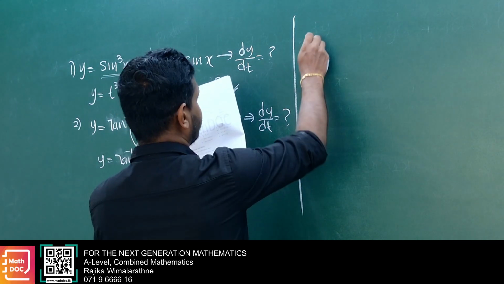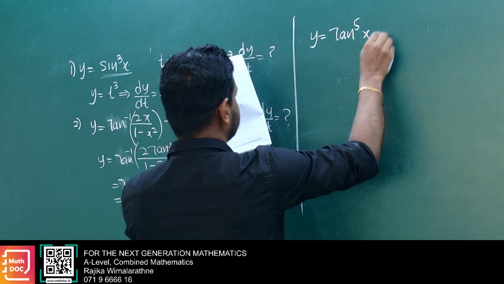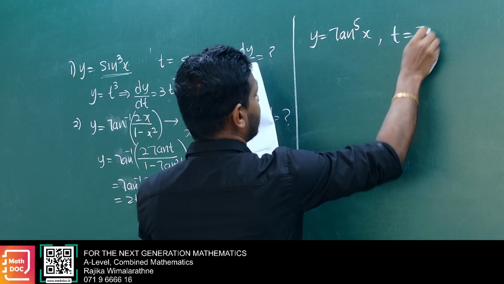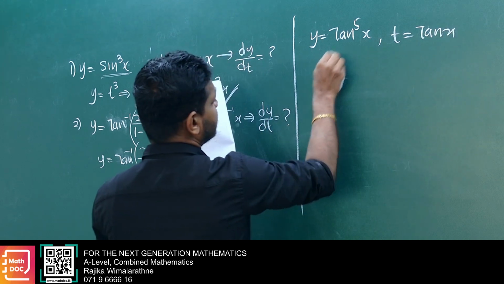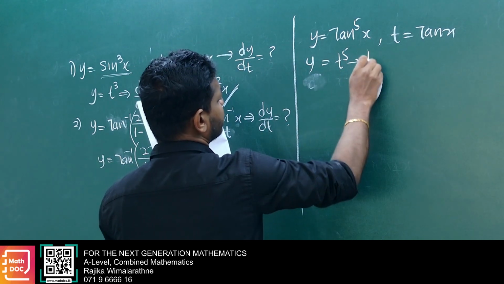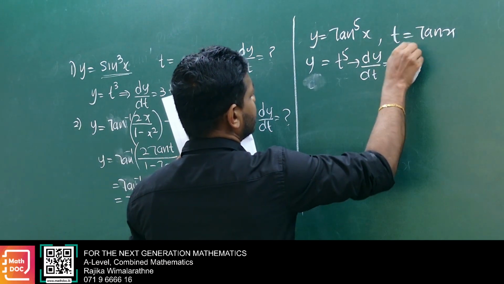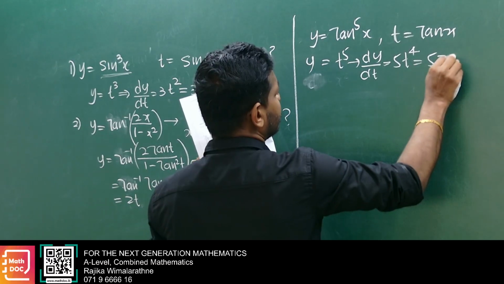Question number 3: y equals tan to the power 5 x. Let t equal tan x. Then y equals t to the power 5, and dy by dt is 5t to the power 4, where t means tan x.